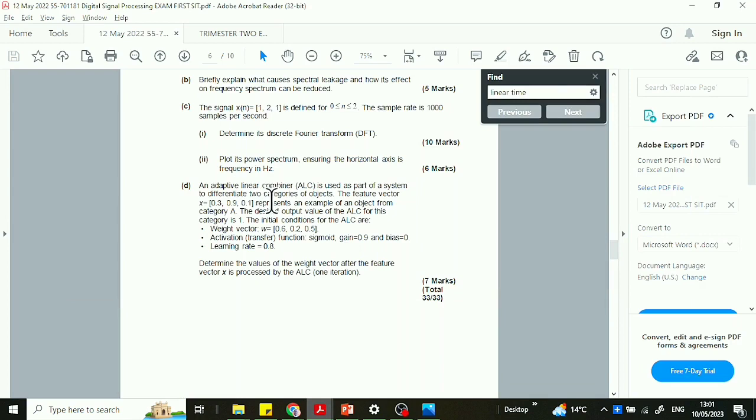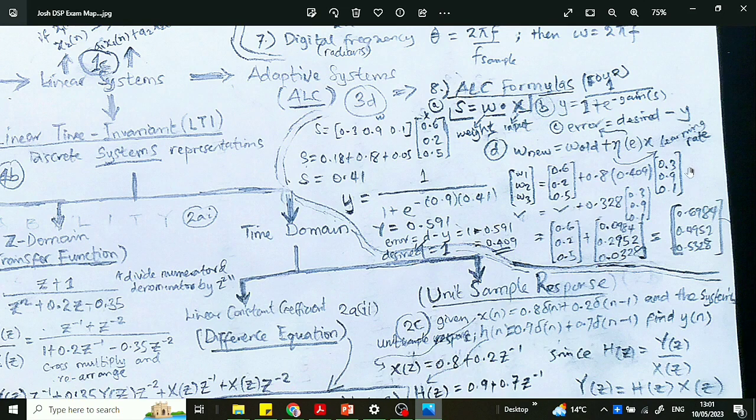So an ALC is a part of the system. The feature vector is this. Oh yes, it is flat here and it was transposed in the calculations. It represents an example of an object from category A. Desired output for the ALC is 1. The initial condition for the ALC is the weight this. Activation transfer function is sigmoid. I think this sigmoid forced us to use this formula.